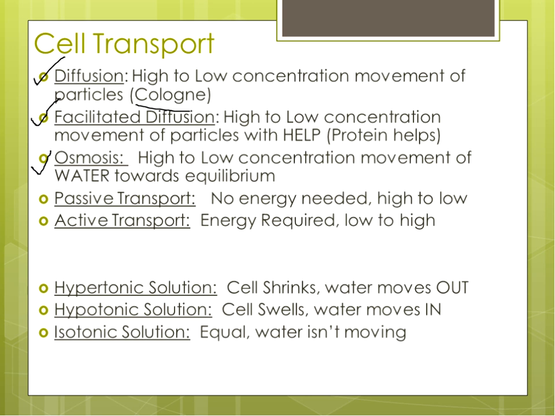So osmosis is the same exact thing as diffusion. However, osmosis is water moving from high to low concentration. And then you have passive and active transport. Passive transport just means no energy needed, high to low. Active transport means energy needed. You're going backwards, low to high concentration.